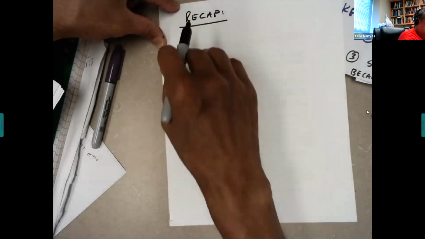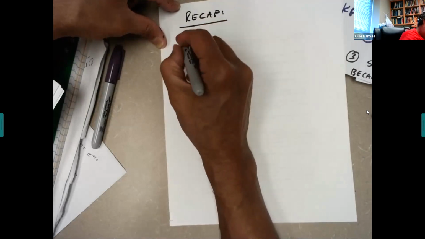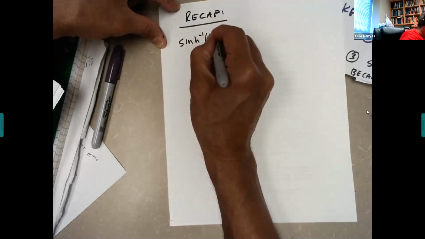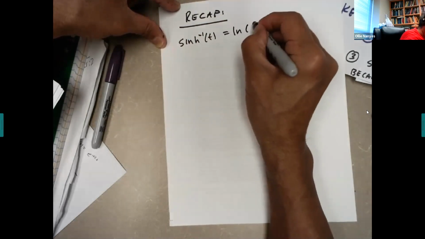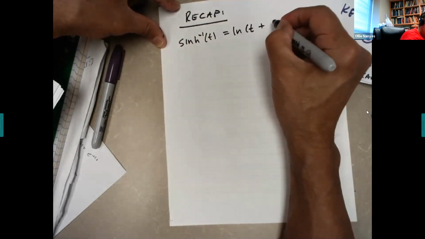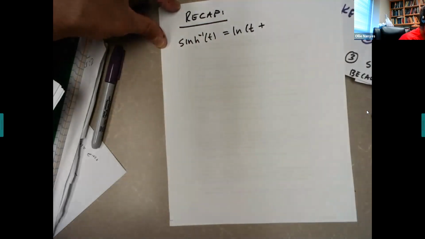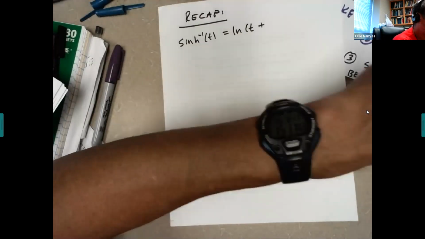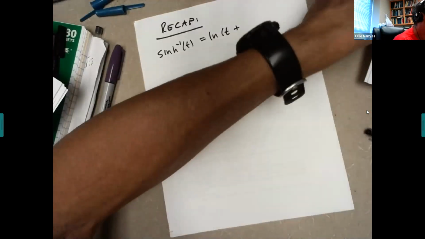First of all, inverse hyperbolic sine is going to be the natural log of t plus, have to be careful here, make sure that's correct, t squared, yep.